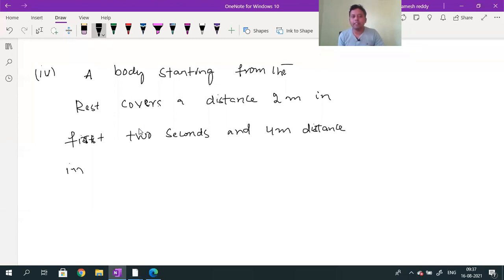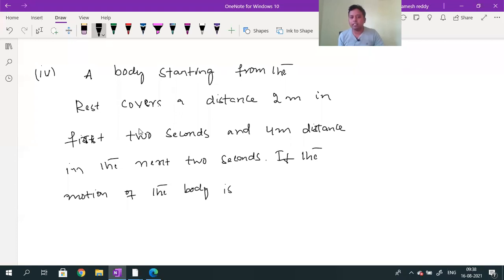If a body starting from the rest covers a distance of 2 meters in the first 2 seconds and 4 meters in the next 2 seconds, if the motion of the body is uniformly accelerated, uniformly accelerated motion.